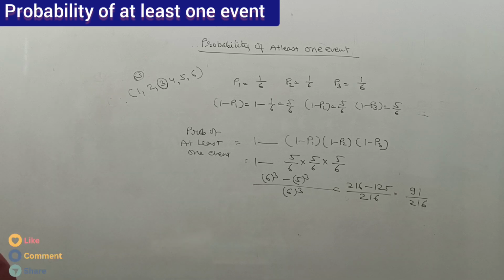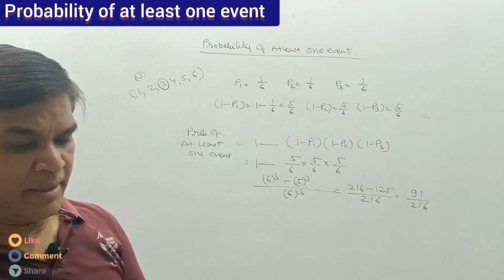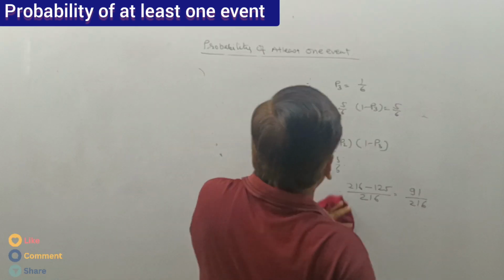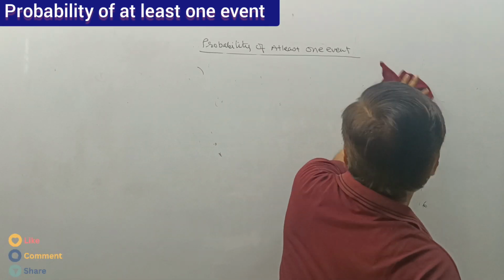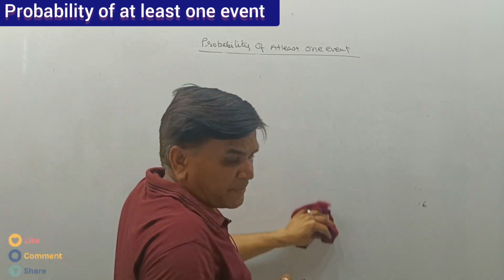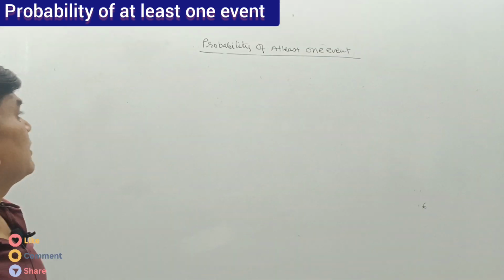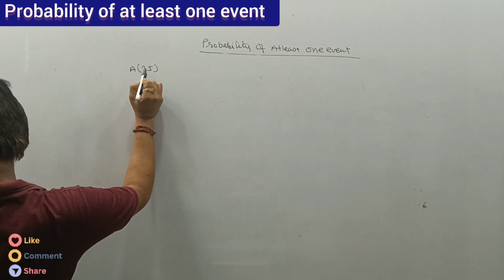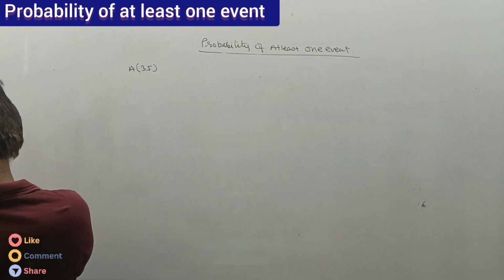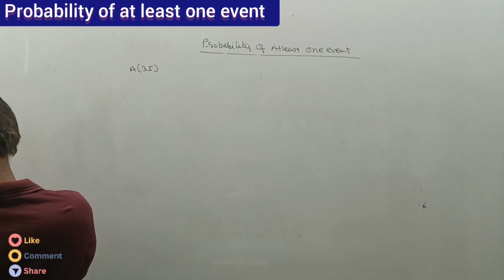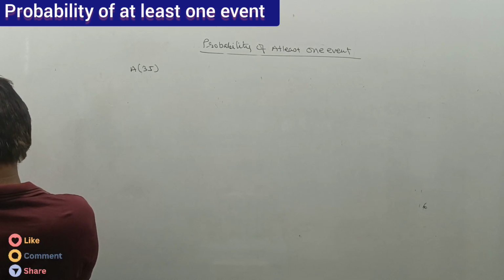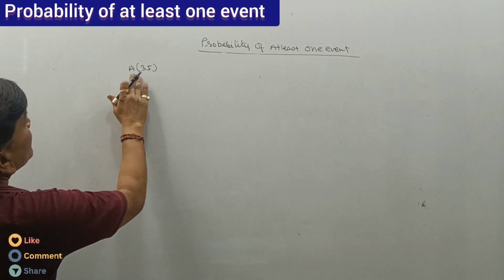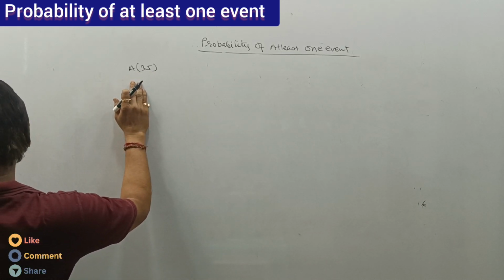A different question is there. A man who is 35 years old. Now, A is 35 years old. He will live up to 65.